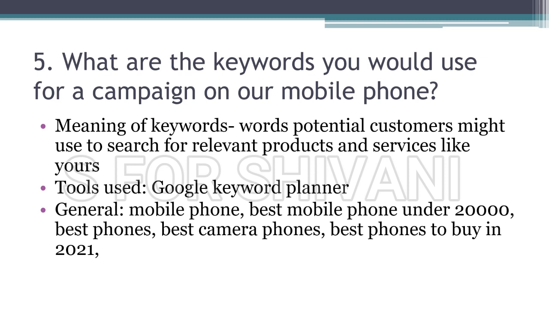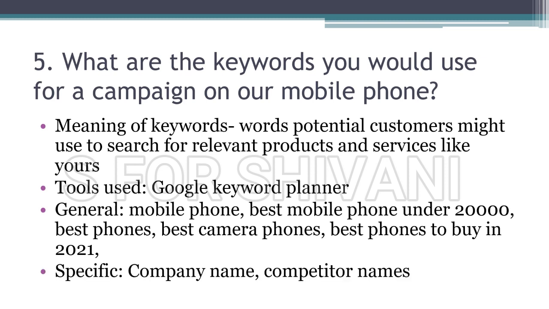Now, whenever any such question is asked, you should put on the hat of the customer and think how you go about searching for products and buying them. So let's say if you're looking for a mobile phone, what are the kind of words you would use to search? There could be general words like mobile phone, best mobile phone under 20,000 or whatever your budget is, best phones in India, best camera phones if you're looking for a specific feature.